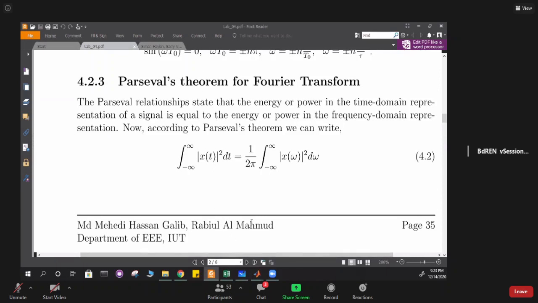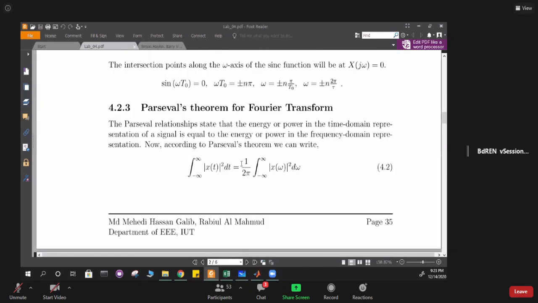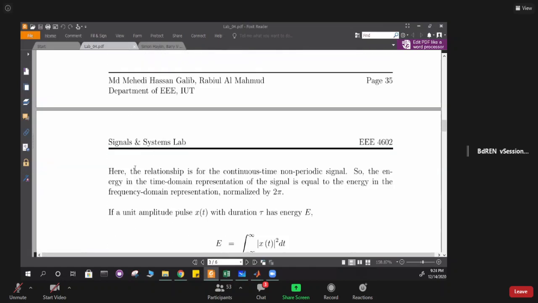So in this case, what is the statement of Parseval's theorem? The energy or power in a time domain representation of a signal is equal to the energy or power in the frequency domain representation. For the Fourier transform, the signal is a continuous time non-periodic signal.